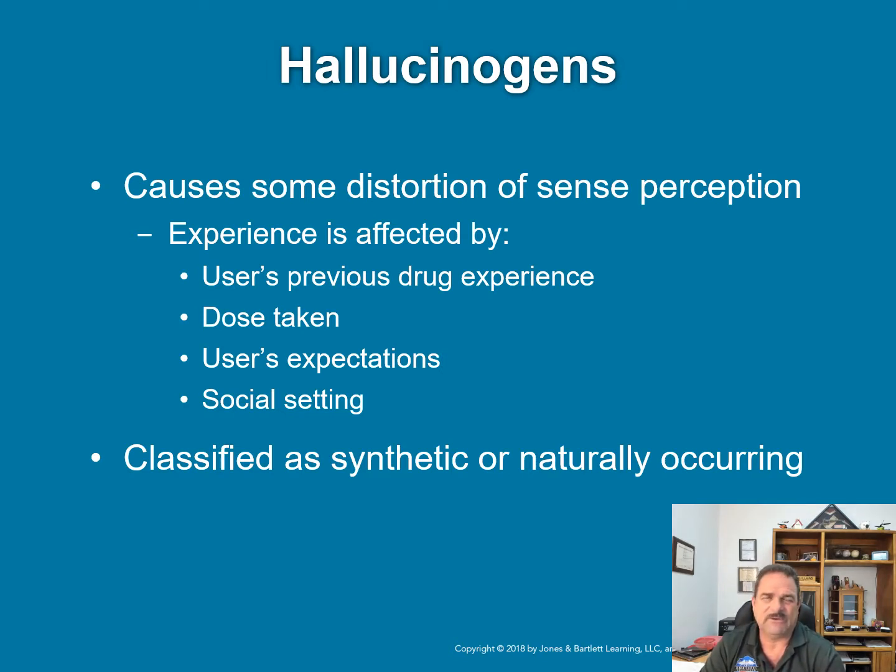The drug experience is affected by the user's previous drug experience, the dose taken, and the social setting in which they took it. It's classified into two categories: synthetic, which includes LSD, PCP, ketamine. Naturally occurring hallucinogens can include mescaline, psilocybin mushrooms, and then seeds of the Jimson weed plant.